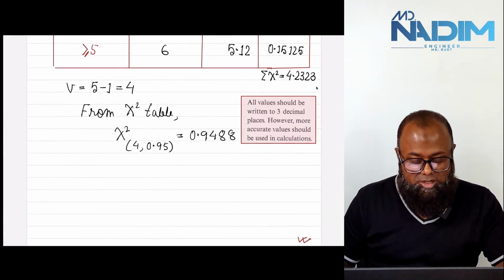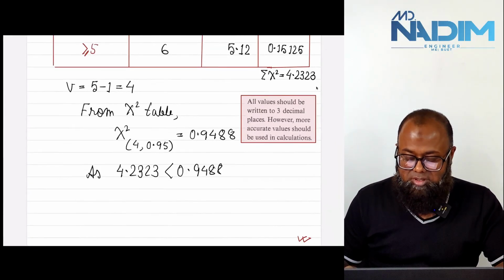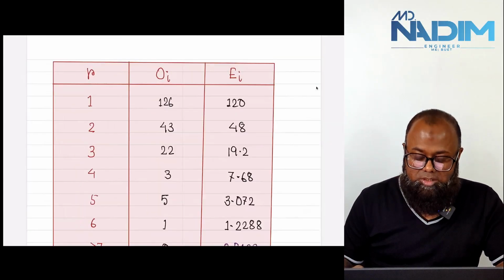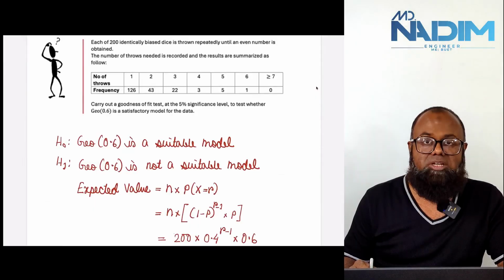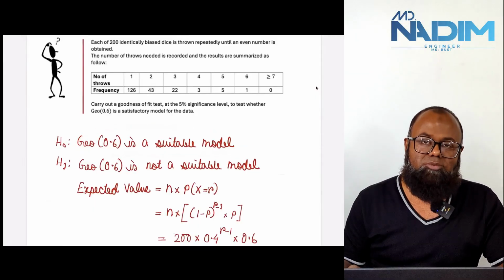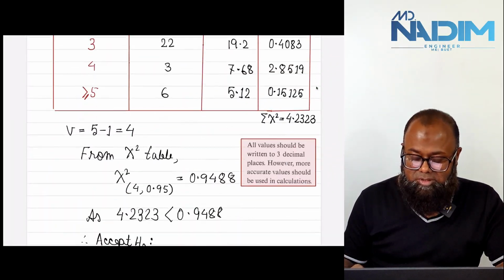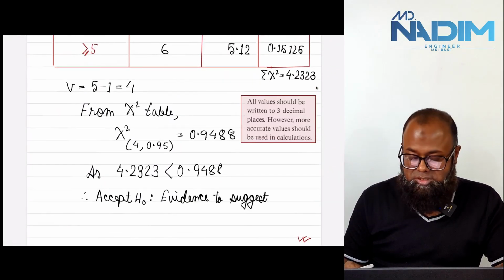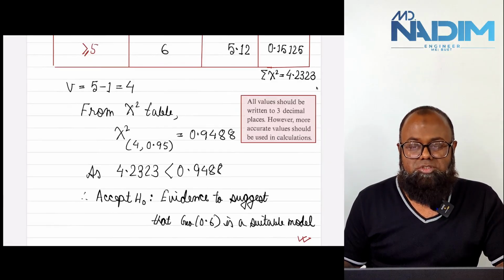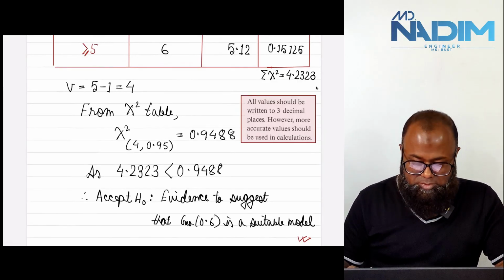So here it is less than, so accept the null hypothesis. What happens if we accept the null hypothesis? That means there is evidence to suggest that the geometric distribution is a suitable model, or a good fit.